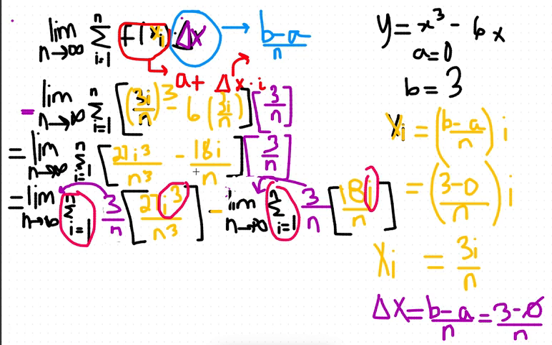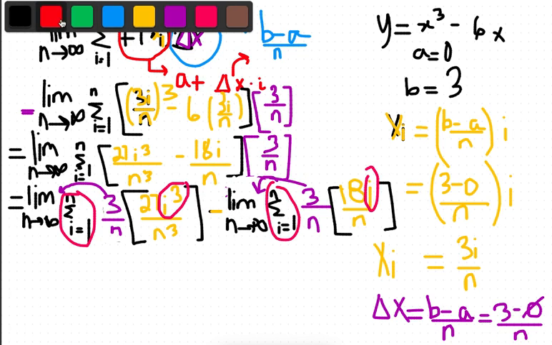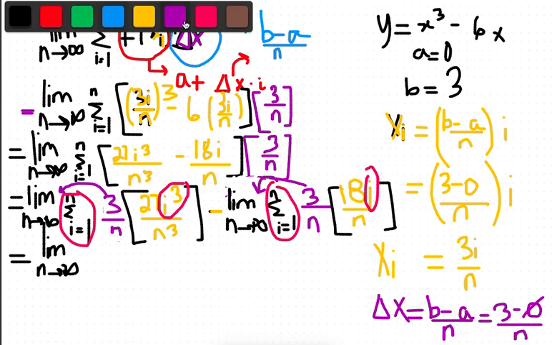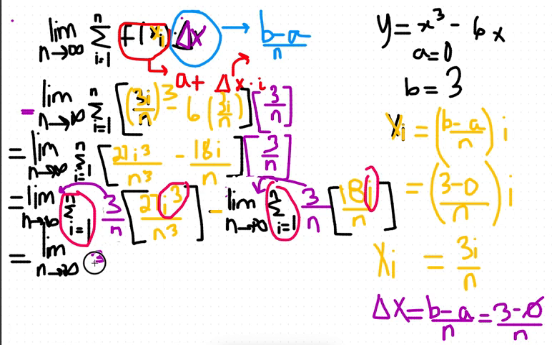Okay. So in our next step, we're going to do the limit as n approaches infinity. Now this 3 over n is going to stay out here. And now remember, we only want to keep the i cubed in here, only the i terms.